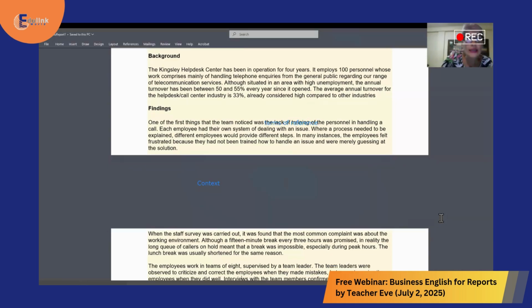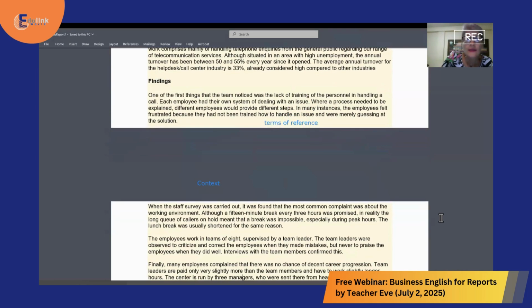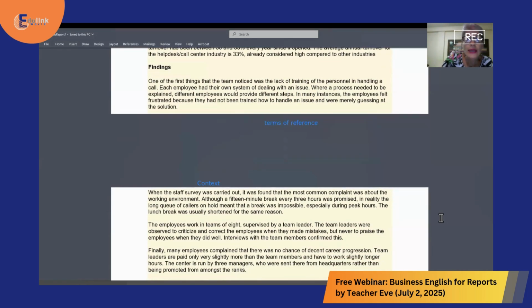They don't get training. They don't get breaks. So we've got lack of training. And again, the first sentence of each paragraph tells us what the problem is. So the first paragraph, the lack of training. The second paragraph, a common complaint about the environment.